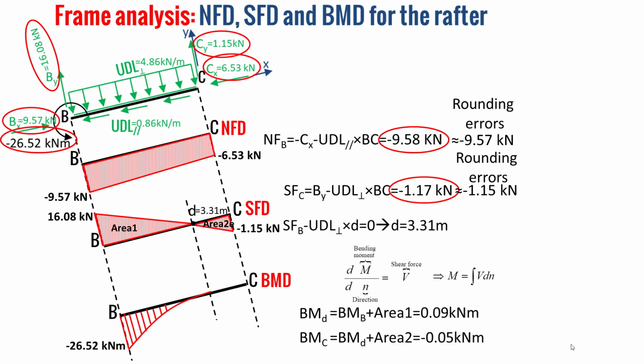And finally, we obtain the bending moment at the point C equal to minus 0.05 kilonewton meter, and it should be 0 because at the point C we have an internal pin, but here it's normal because we have rounding errors. So finally we can draw the whole bending moment diagram.